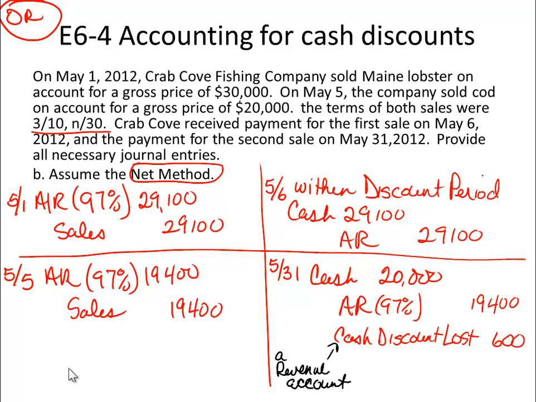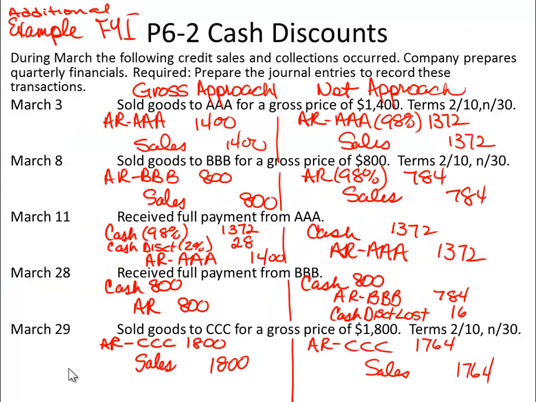The reason it's a revenue account is because it's not the sale, it's because the customer failed to use the credit terms. So thus we have a different kind of revenue stream, which is from customers not taking the discounts extended. So that's why it's called cash discount lost or sales discount lost, and it's a revenue account as far as we're concerned.